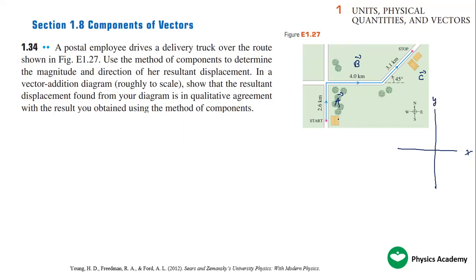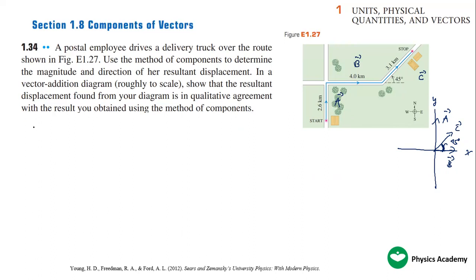We can sketch that our vector A is in this direction, given that magnitude, and we have here our vector B in this direction, and our vector C is located here, which is 45 degrees from the positive x-axis. So this is our A, B, C.